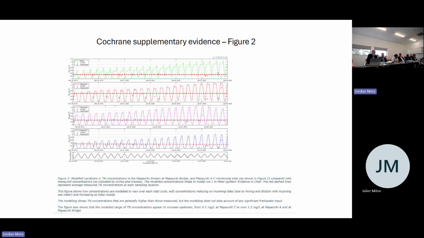So I think that gives us an idea of where elevated nitrogen is going to be, and what the variability is over a tidal cycle.